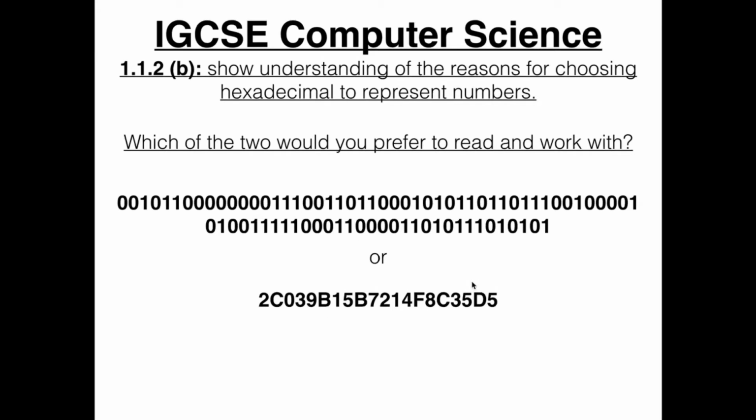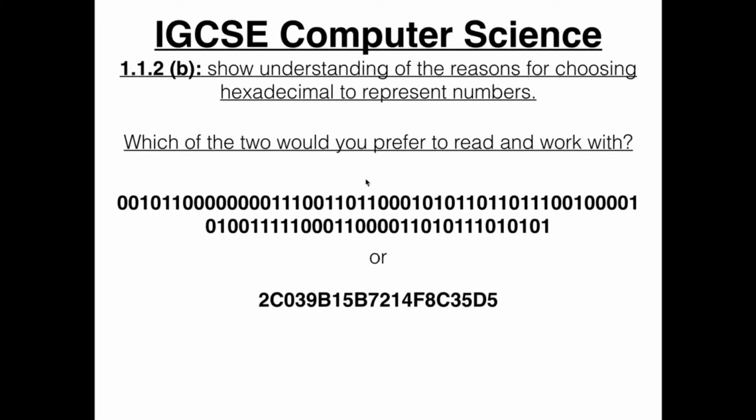But the thing is, of course, every 4 digits in this represents 1 digit in this. So therefore, this is a lot shorter. So probably most people would prefer to read this and work with this, as this can really confuse them.